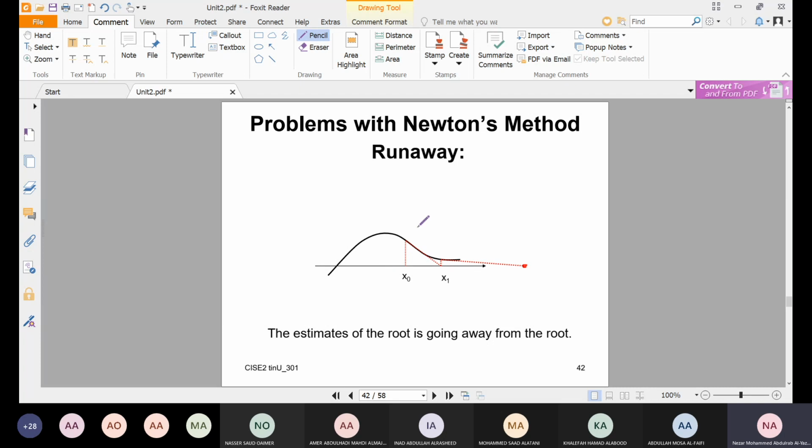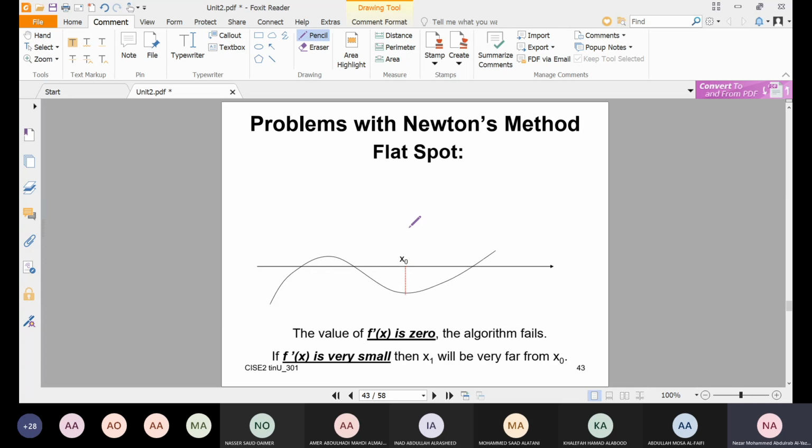Because this is based on the evaluation of the function, and the derivative at a point far from the root that we want to compute. Sometimes we call this a flat spot, when the derivative equals 0.